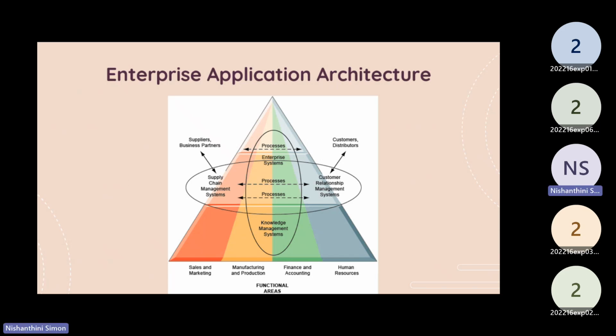Good. So here are some examples of systems which will be used throughout the organization. As was mentioned, the ERP, enterprise resource planning system, is what at the top we are referring to as the enterprise system. Then the CRM, customer relationship management system, we are also referring to as one of the enterprise applications.